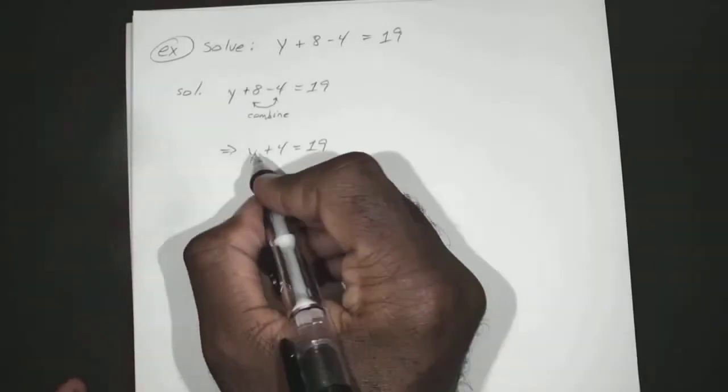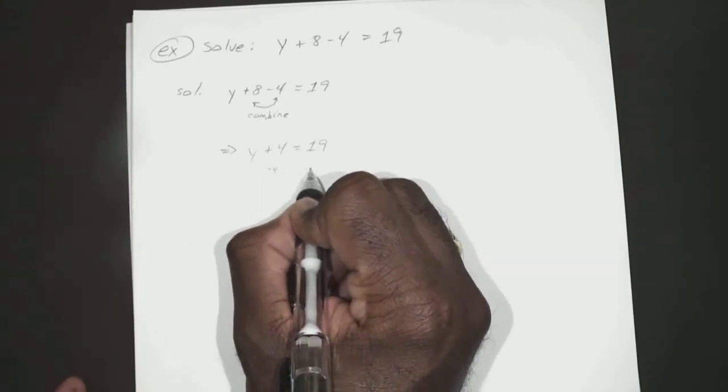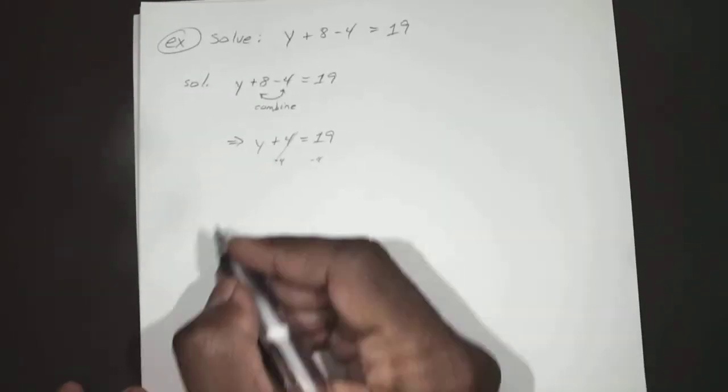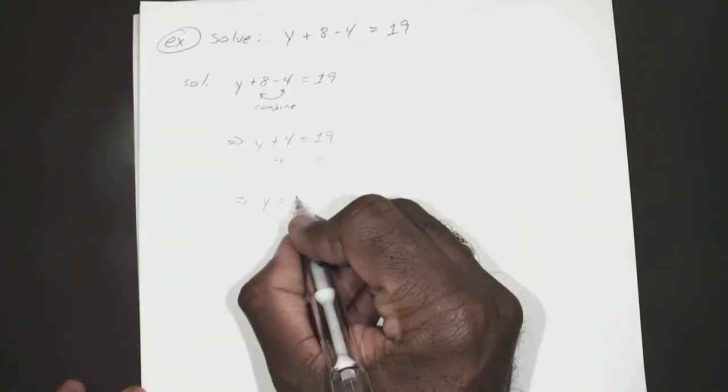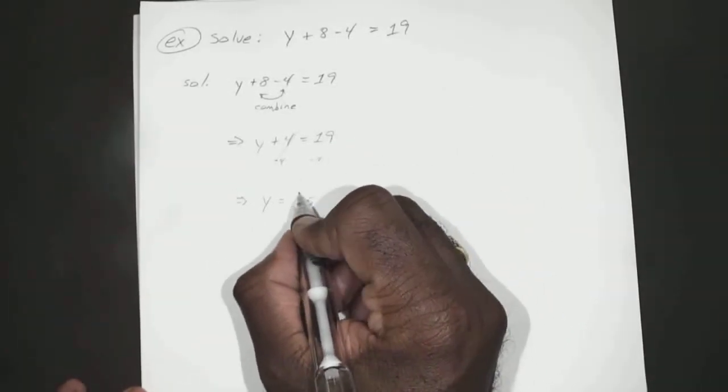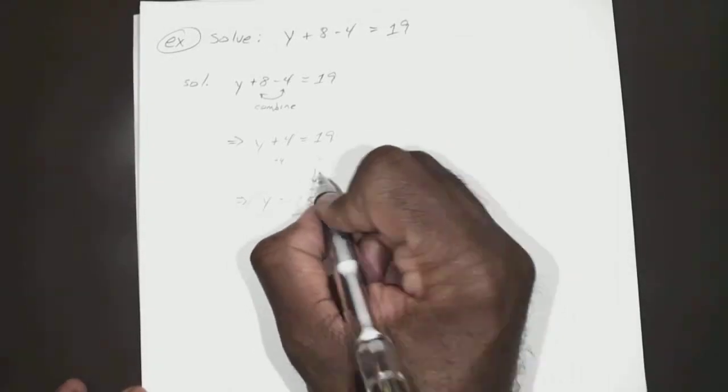So now you can just go ahead and subtract 4 from both sides. So you get y equals 19 minus 4, which is 15.